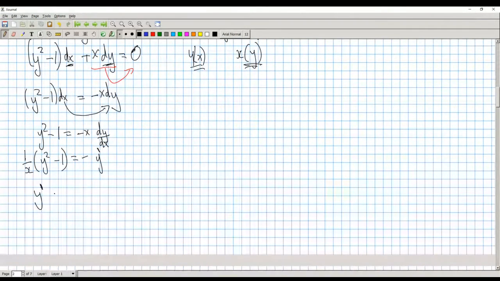We can now have y prime plus 1 over x y squared minus 1 over x equals 0. Now this part over here, we can move over to that side, which would get it to our ideal form, but we can still see from this, we have a y squared here, so it is going to be non-linear in terms of y.